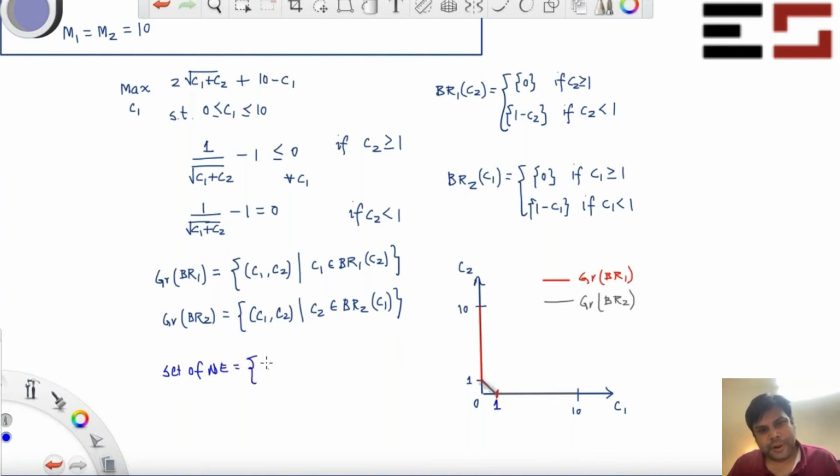The set of Nash equilibria is (C1, C2) in 0 to 10 cross 0 to 10, such that C1 plus C2 equals 1.